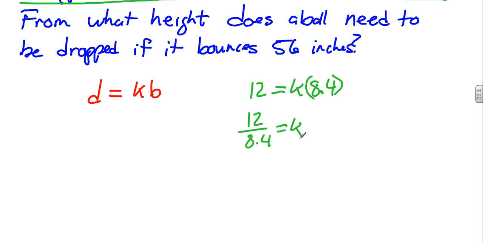And that comes out to be 1.42857. It goes a little bit farther, and if you want to go out a few more, again, it keeps going, but that's the basic idea of what we've got there.